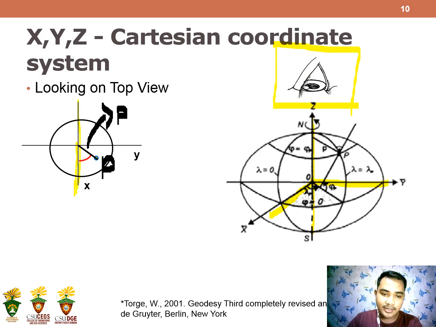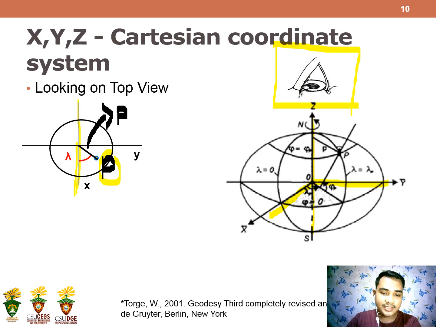So from the prime meridian going to the meridian of the place you want to locate, or the point P. What we call that, from this figure at the right side, is longitude.